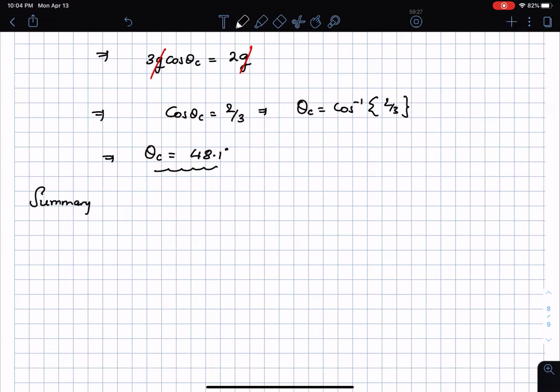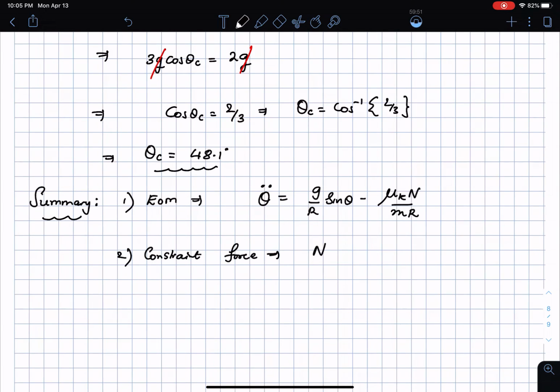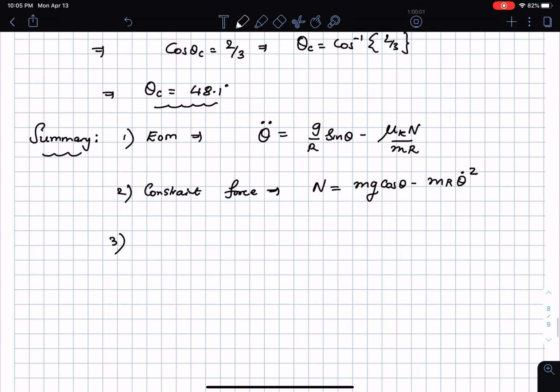So in summary, the equation of motion is theta double dot equals g by r sine theta minus mu k times N by m times capital R. The constraint force is N equals mg cos theta minus m r theta dot squared, and for the case of N equal to 0, we get theta dot squared at any point on the path to be 2g by r times 1 minus cos theta.